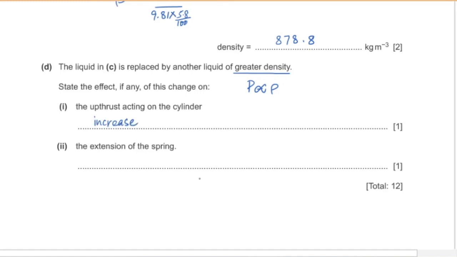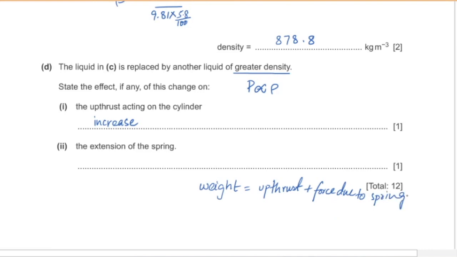Now, part 2, state the effect of this change on the extension of the spring. Greater density means upthrust increases, and when the cylinder is in the state of equilibrium, its weight is equal to upthrust plus force due to spring.